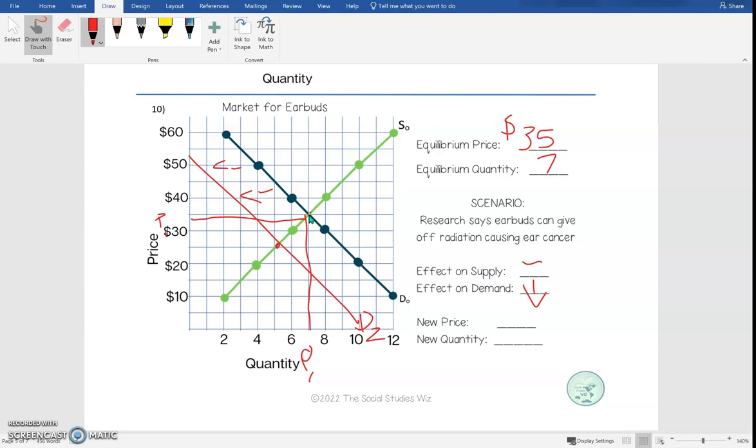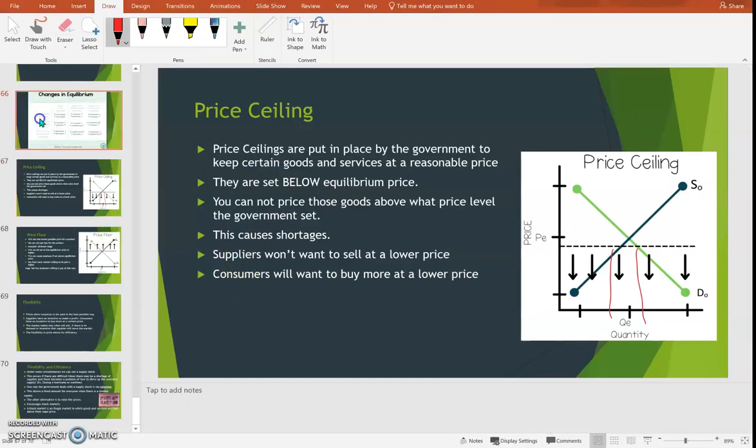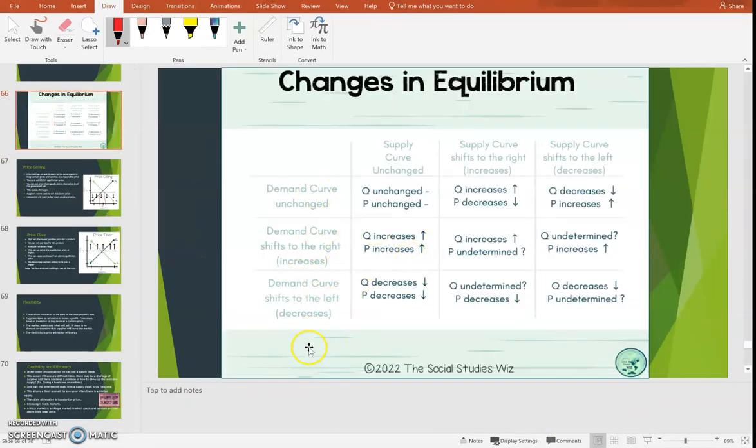Now, equilibrium is over here at this point. Bring that down, bring it over. My price has dropped. My quantity has also dropped. We'll go check our chart just to be sure. So my demand curve shifts to the left.